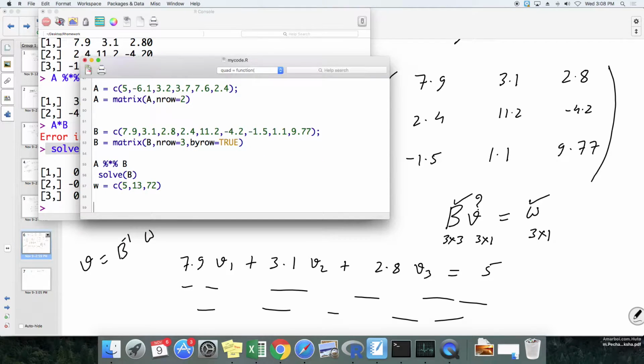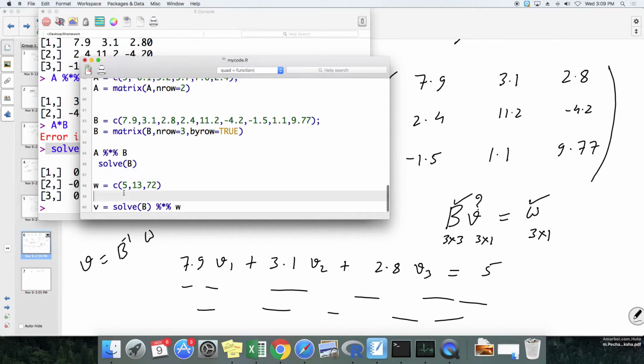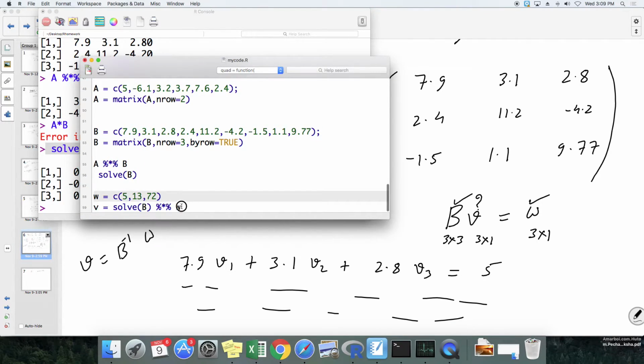You are thinking we'll write V equals B inverse times W, and this will actually do the job.